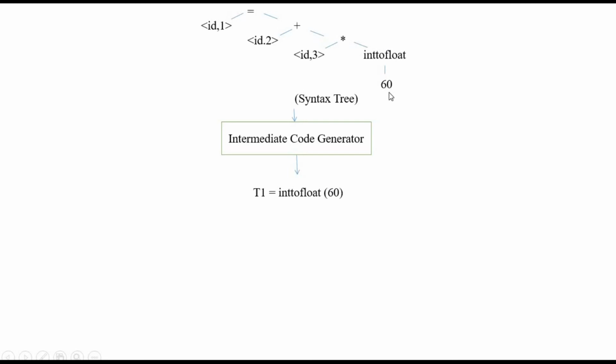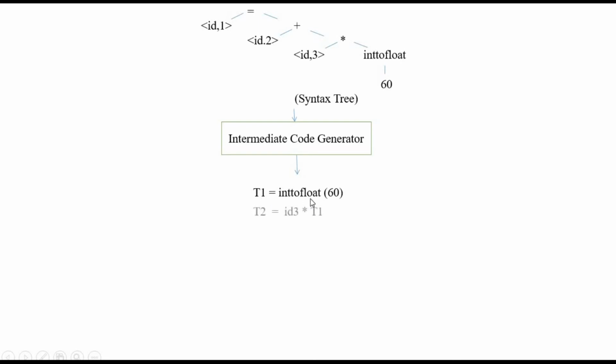So integer to float, then store it in a temporary variable. Here I can use more than one temporary variable, so I can identify this variable by T1. You can use any name for this variable. So first, integer to float 60, the result of integer to float 60 is stored into the variable T1.